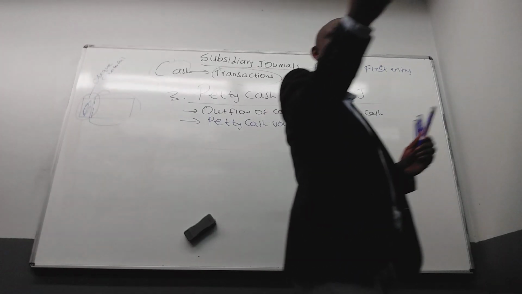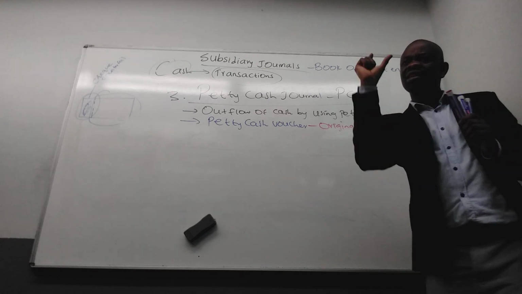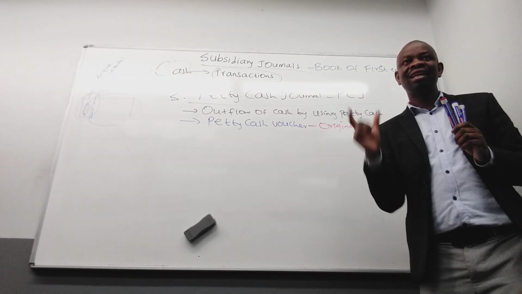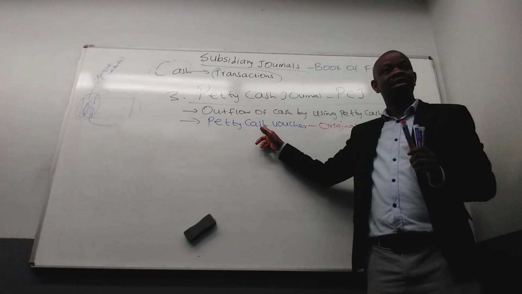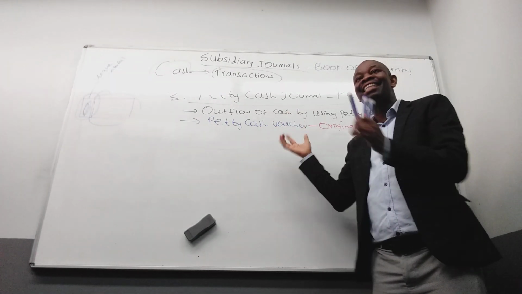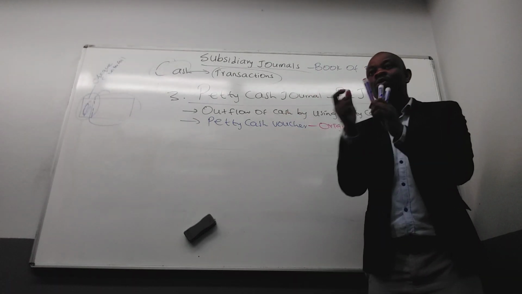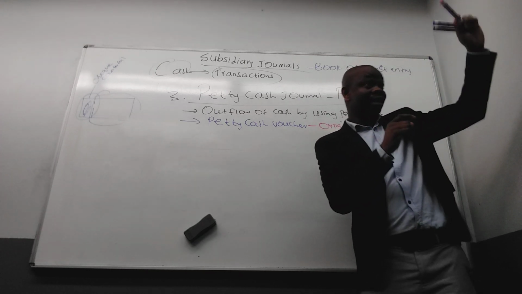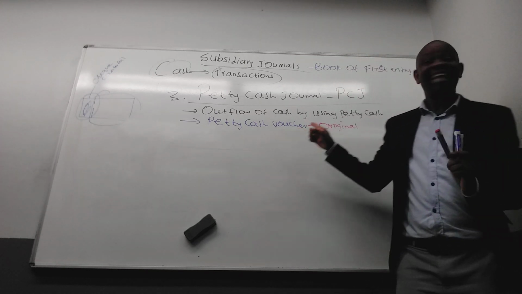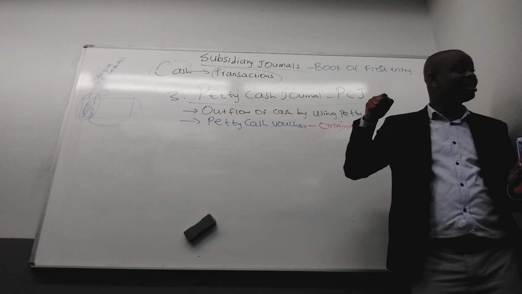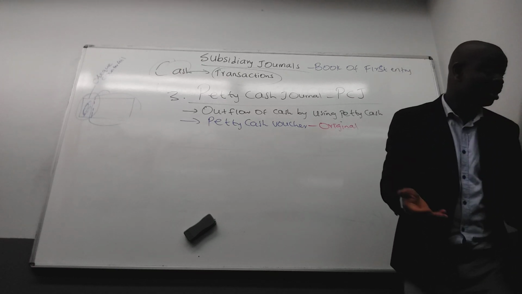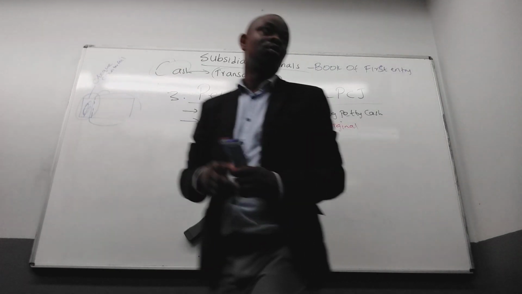Obviously, the supplier of that, let's say you're going to buy milk, they must give you a slip. That slip is attached to what? Petty cash. Or the petty cash voucher is attached to the slip. So when I record in the books of accounts, I'm going to have that slip from the canteen and the petty cash voucher that I generated. That is for record purposes, okay? So we need to know that.